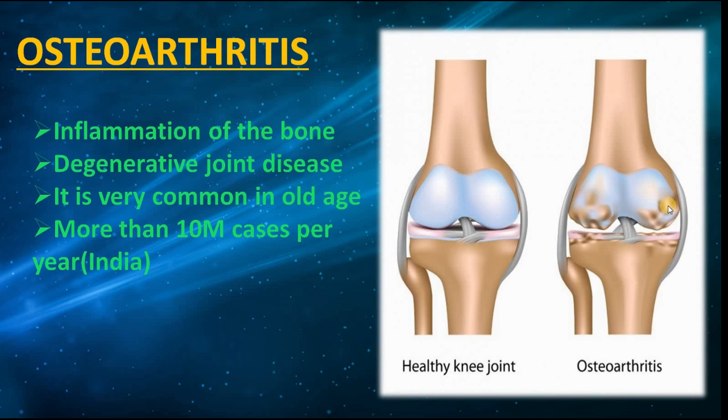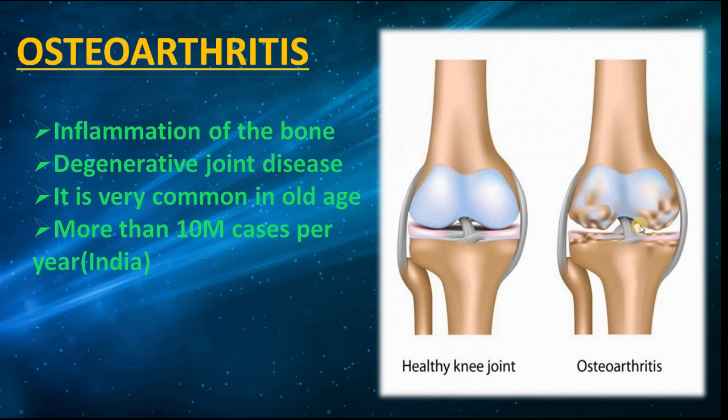So what really occurs in osteoarthritis? There is degeneration of the articular cartilage present between the femur and the tibia, which provides smooth motion of the knee joint. As age progresses, the articular cartilage degenerates, so friction between the femur and the tibia increases.